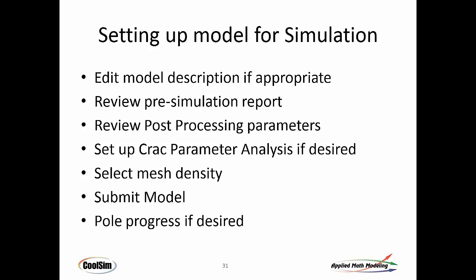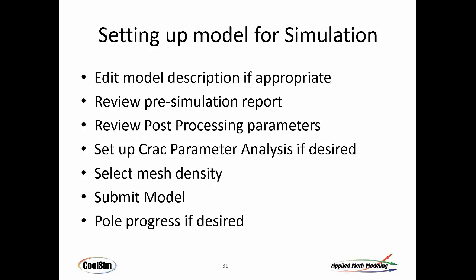First of all is the model description I tend to use. This is just a place in the interface that I'll show you where you can put in comments. What I use it for is boundary conditions or assumptions. I list my assumptions in the model description. And the reason I do this is because it comes out in the summary report. And I often export my summary reports from CoolSim and just leave them so I can look at them later.